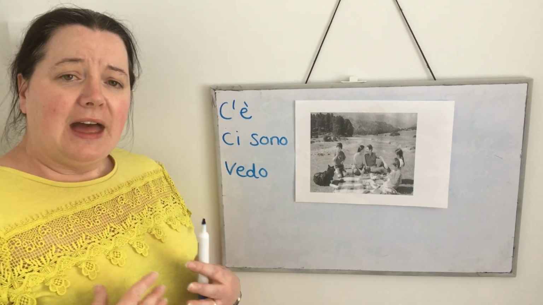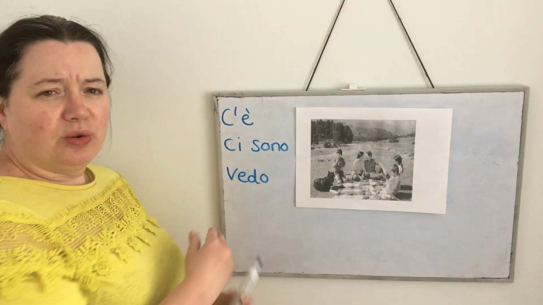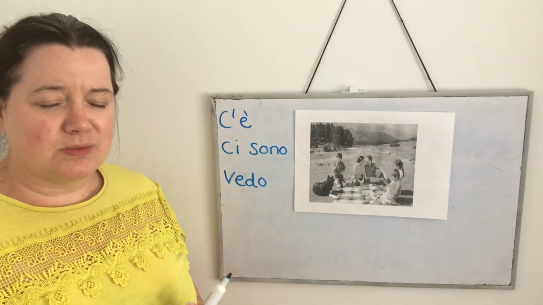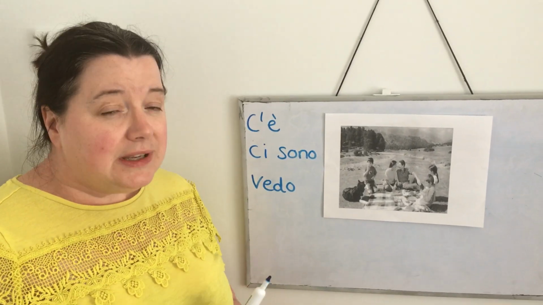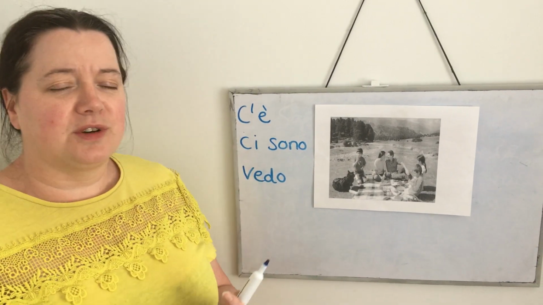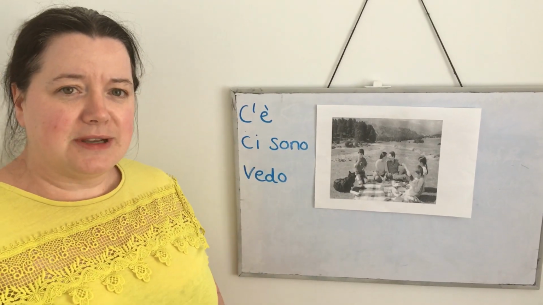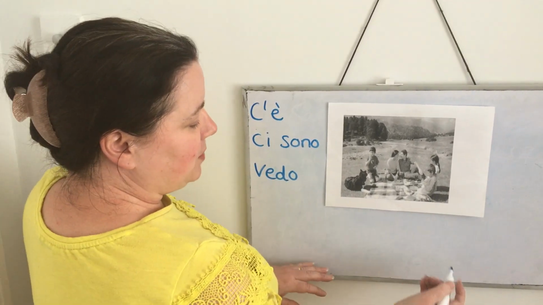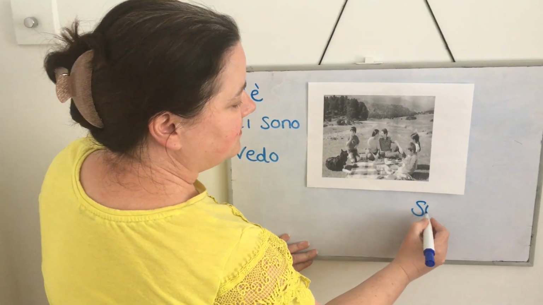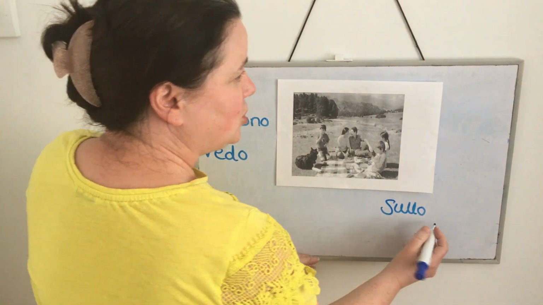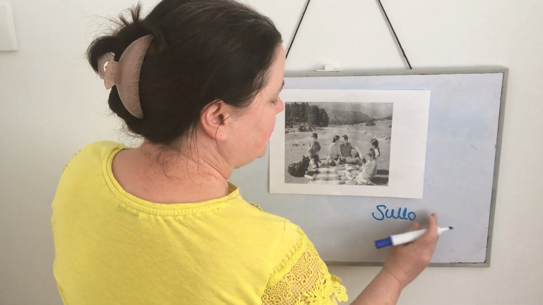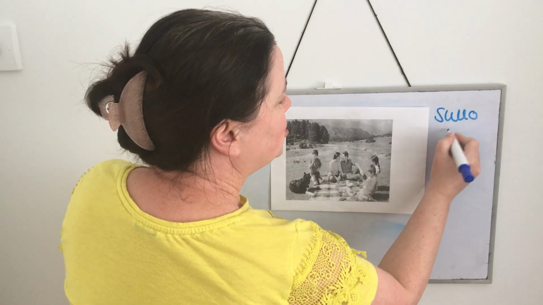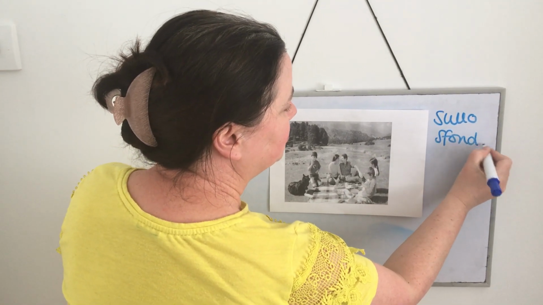Okay, however, c'è, ci sono, and vedo are pretty much quite straightforward structures, and really when it comes to the photograph description, the examiners are wanting a little bit more. So for example, if you want to say in the background, my apologies, sullo sfondo.